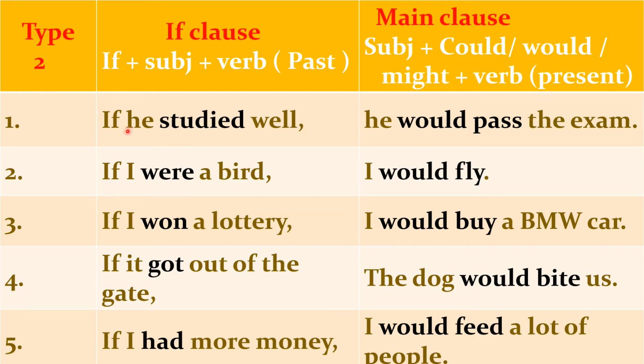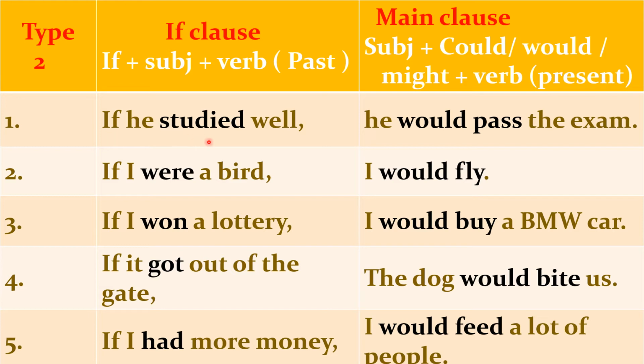See the structure. If plus subject plus past tense. He is a subject here. Would plus present form, that is the base form of the verb. Pass, fly, buy, bite, feed are the base forms of the verbs.